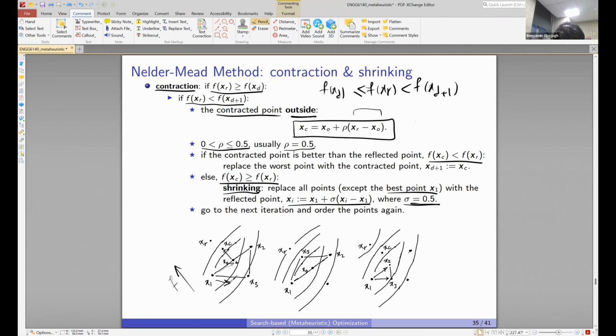So I come here. So the new corners will be here like this. So this simplex has shrunk. You can ignore the base point X1, because if you put X1 in this equation, it means that X1 equals X1. X1 doesn't move. After doing all of these, you go to the next iteration and order the points again.